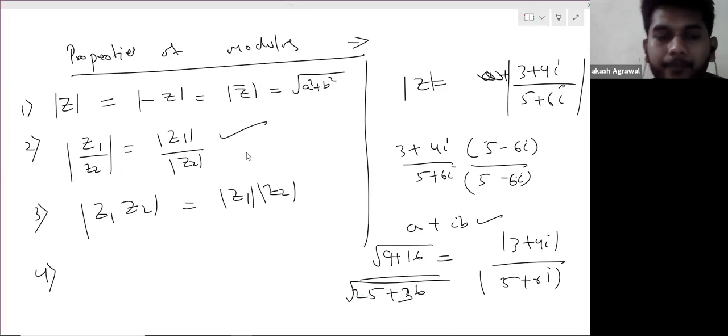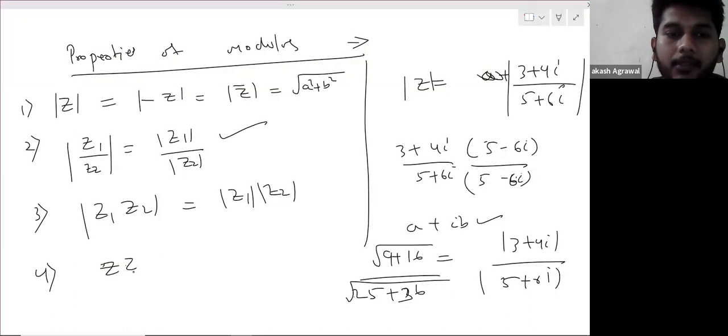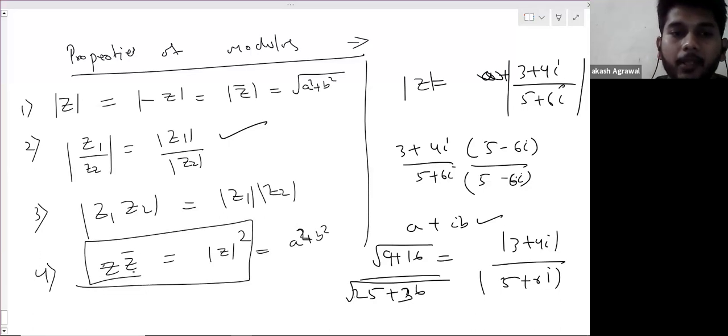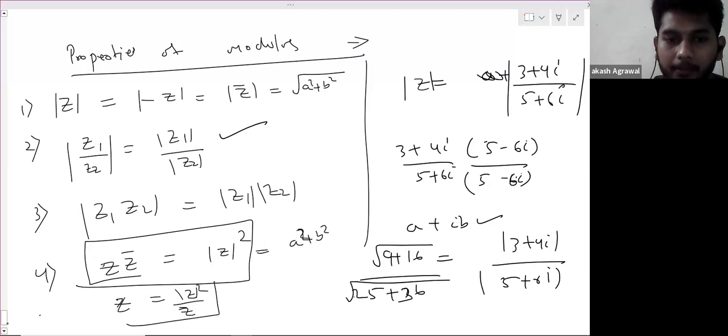And the last one, I already told you: z times z bar is mod z square, that is a square plus b square. This is very important. You can write it like this also: Z equals mod z square upon z bar.